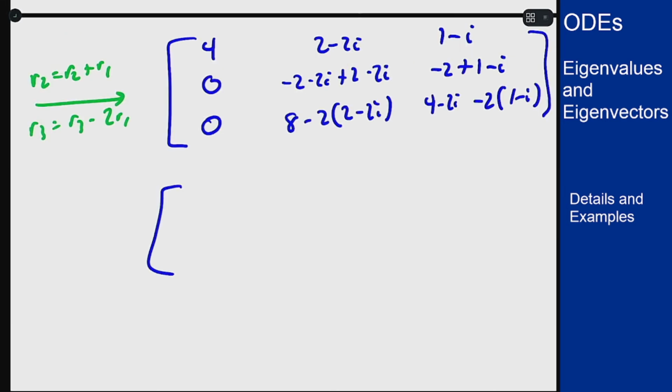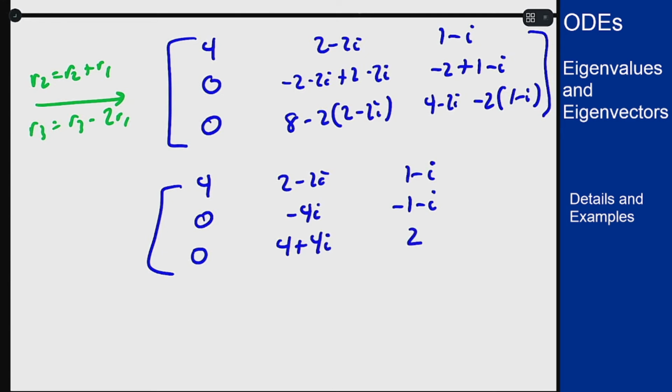Simplifying this out, negative 4i, negative 1 minus i, 4 plus 4i, 2.